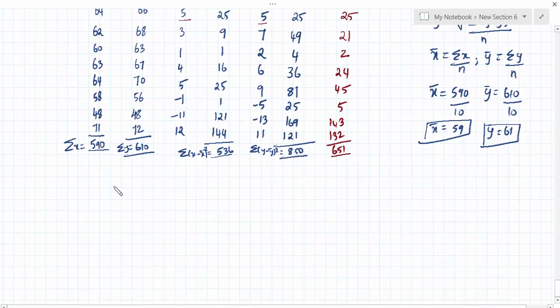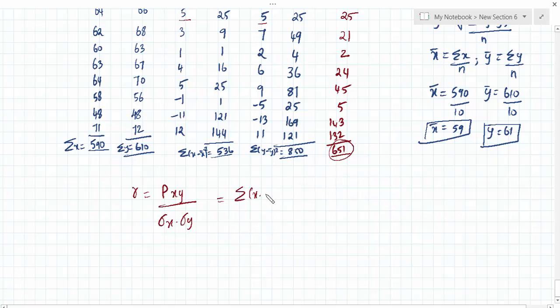So to start with, our correlation coefficient R is covariance of x y divided by standard deviation of x multiplied by standard deviation of y, and covariance of x y is summation of x minus x bar and y minus y bar divided by n, whole divided by standard deviation of x into standard deviation of y.